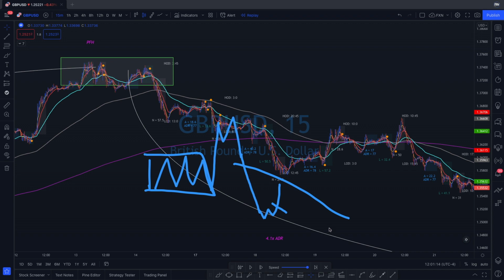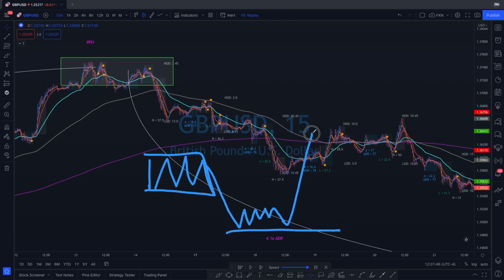The other way would be if you get, let's say, a multi-session reversal. So let's just say, again, we're coming off a peak formation high. So theoretically, our directional bias is a sell. And let's say that we end up getting something like this during London, it goes sideways, and then during the US session, you get that, right?